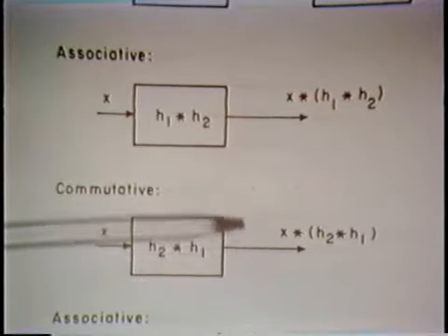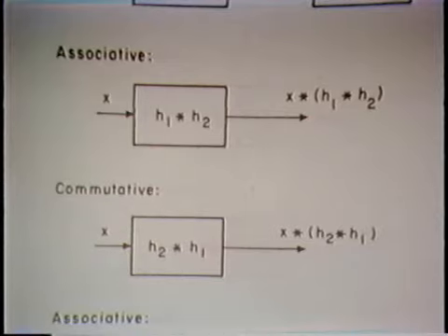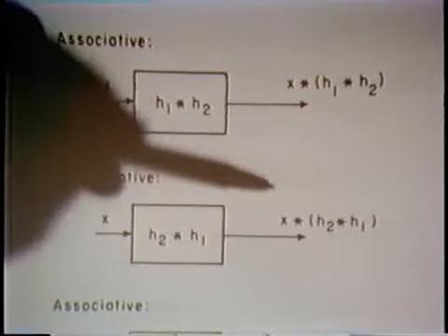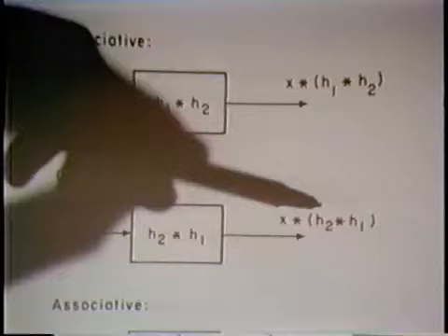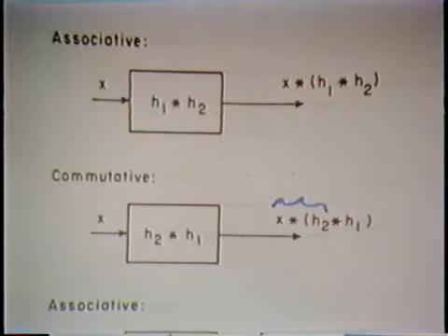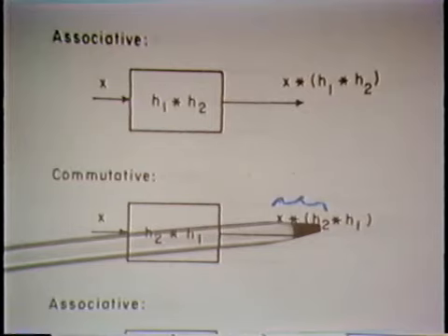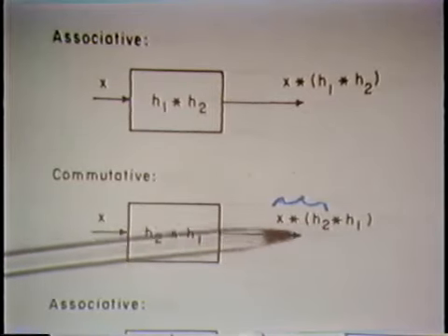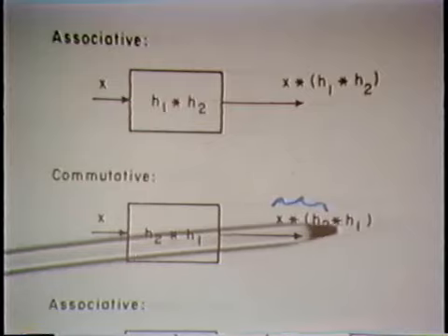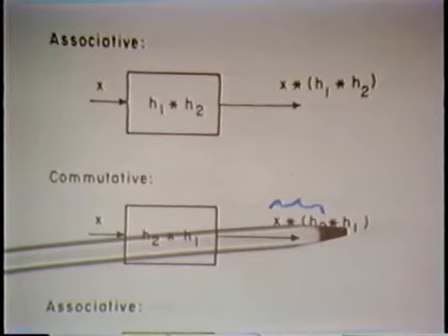And now, once again, we can use the associative property to group these two terms together. And x convolved with H2 corresponds to putting x first through the system H2, and then that output through the system H1.